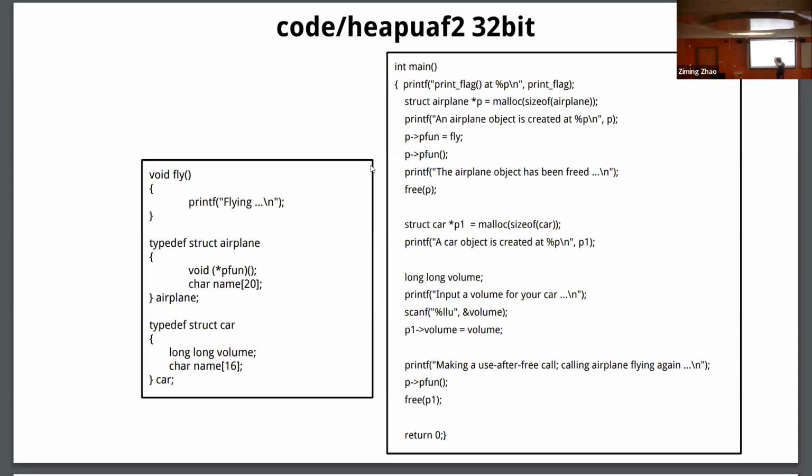So what kind of input should you put here to make it call the function print flag? What's important here is the least significant 4 bytes. The higher 4 bytes don't matter, but you can only input 8 bytes in total.